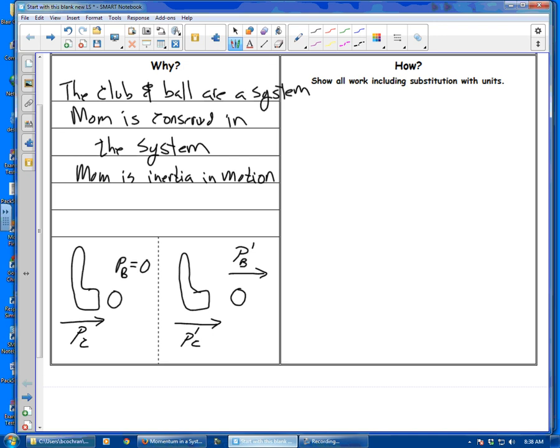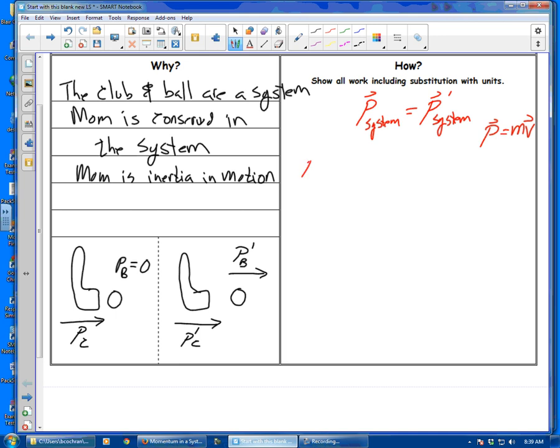So let's see. Start with valid physics equations. Momentum of the system before equals momentum of the system afterwards. And momentum is inertia multiplied by velocity. And so before the impact we have 2 objects, afterwards we have 2 objects.